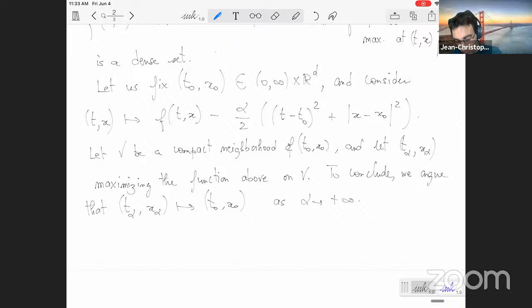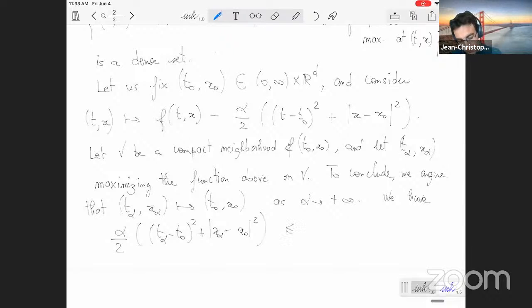Okay, so we have, let me write like this, alpha over 2 times T alpha minus T0 squared plus X alpha minus X0 squared.